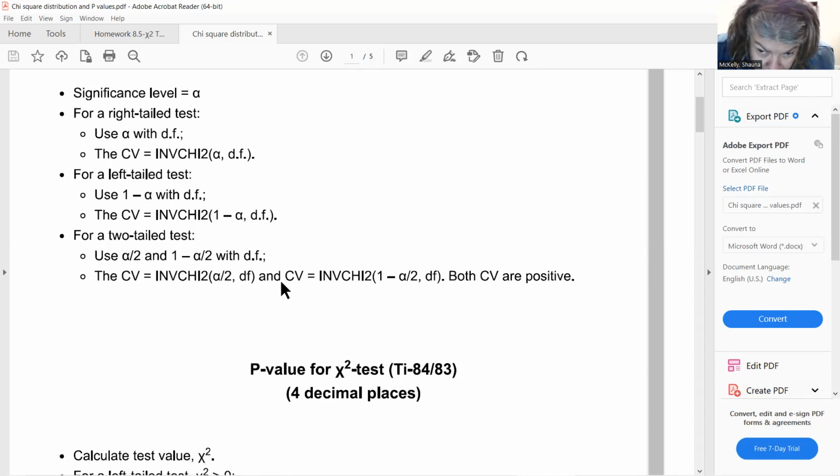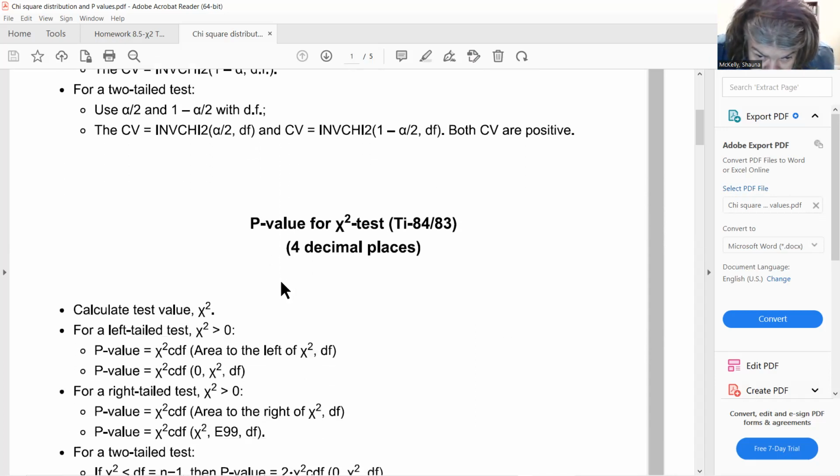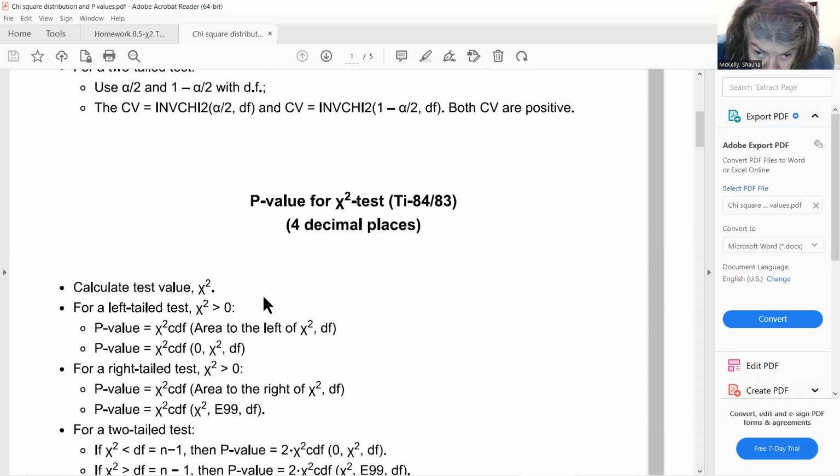For the p-values, it's very similar. Those you're going to be using the chi-squared CDF distribution. That's on the distribution menu in your calculator already, okay? But the inverse chi, remember, you had to program yourself, or you had to get from Professor Nickdell if you're watching this and you saw her on campus and she gave it to you.